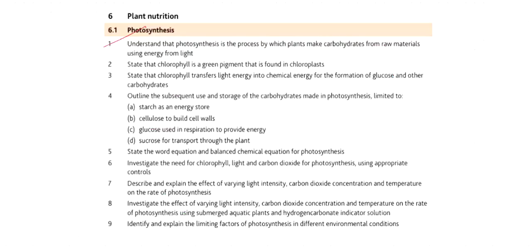I just covered understanding photosynthesis, stating that chlorophyll is a green pigment, stating the transfer of light, and the fourth one, outlining the storage of carbohydrate limited to, as I told you, cell wall, starch, and energy. In the next video, I will start from 5 to 9, and also the fifth one, the balanced chemical equation for photosynthesis by word and by symbols.